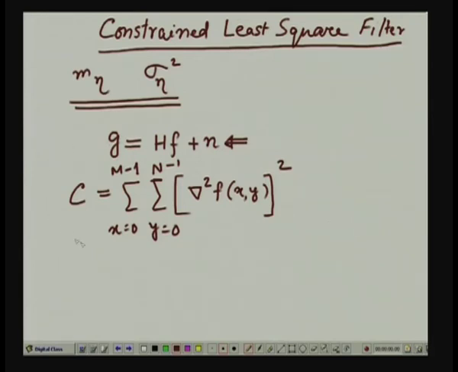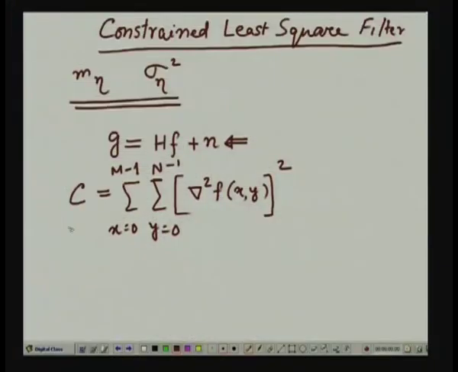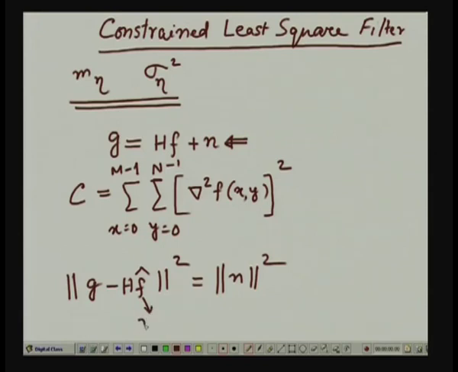This optimality criterion is Laplacian operator based, and our approach will be to minimize this criterion subject to the constraint that the norm of g minus H f hat, squared, should be equal to the norm of n, squared, where f hat is the reconstructed image.